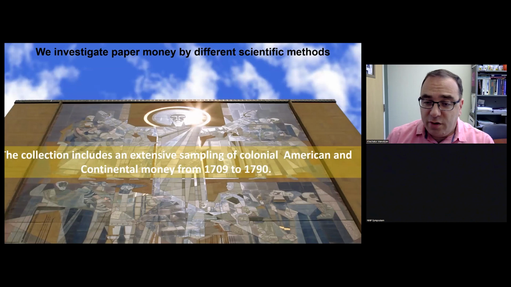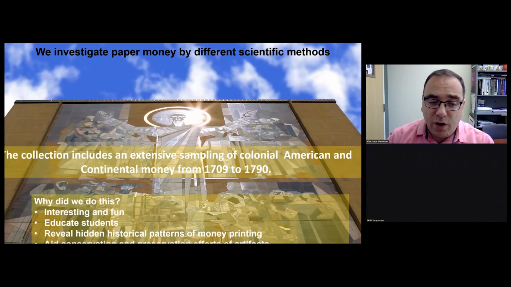So we analyzed them, and why did we do this? First, it was interesting and fun. The second, probably even more interesting, is to educate students, and to reveal hidden historic patterns of money printing. Also, importantly, these are really valuable artifacts, so we find ways to conserve and preserve them in museum settings.